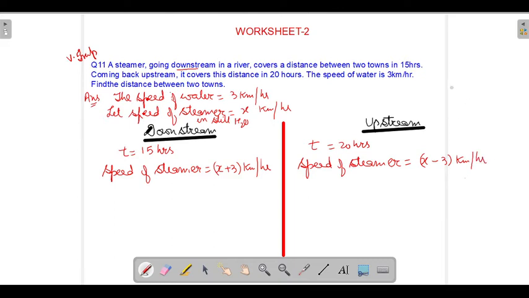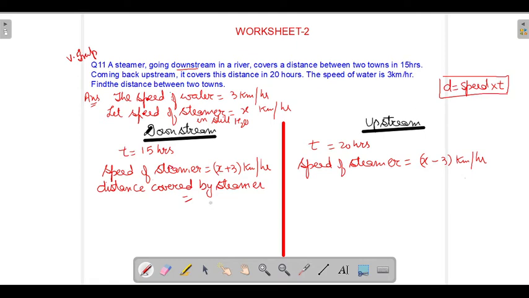We know that speed equals distance by time, or distance equals speed multiplied by time. We know this formula very well, so the same concept we will use here. The distance covered by the steamer or boat equals, as in the formula, speed multiplied by time.